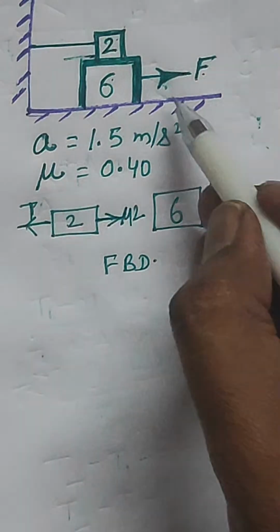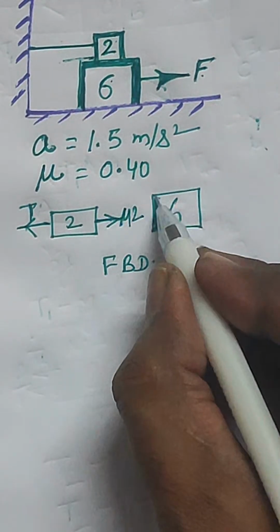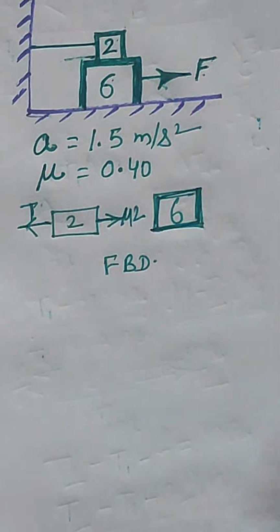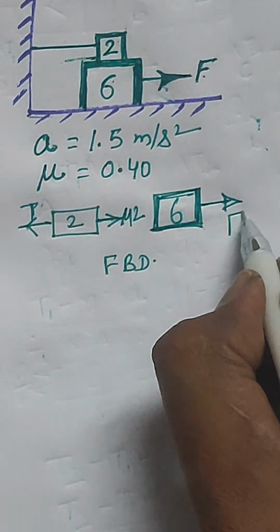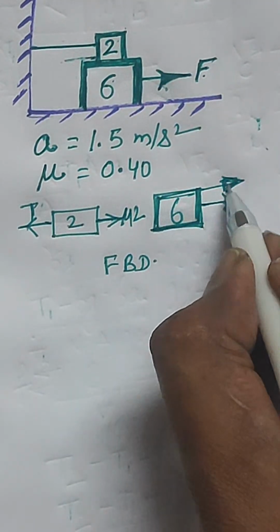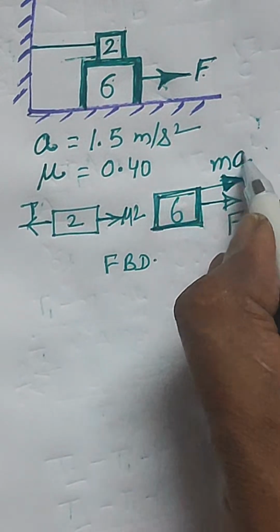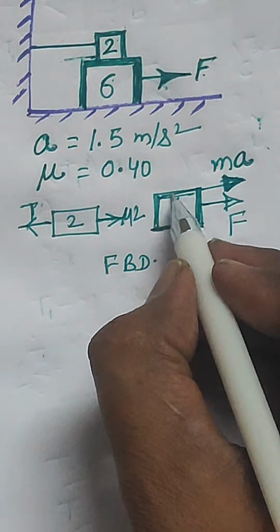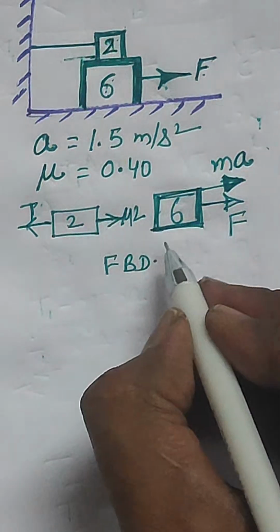Now when you see the 6 kg block, the forces acting on it: this F, which is already given in the question. And when this is moving in the direction of the force, ma will be generated, that is 6a. Additionally, the total of 6 plus 2, 8 kg, will be considered.